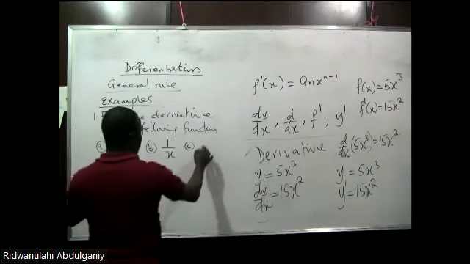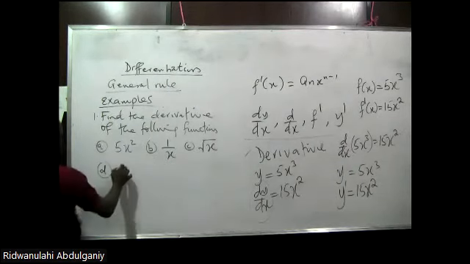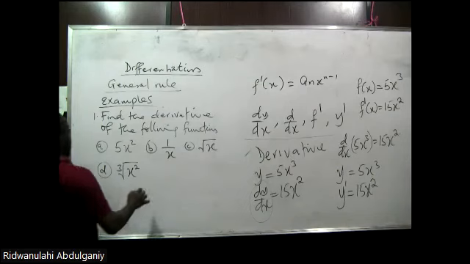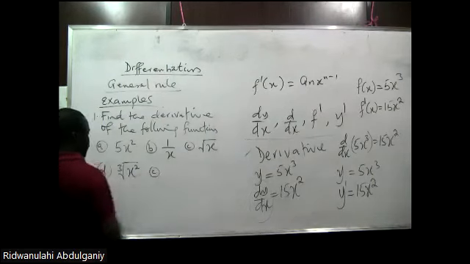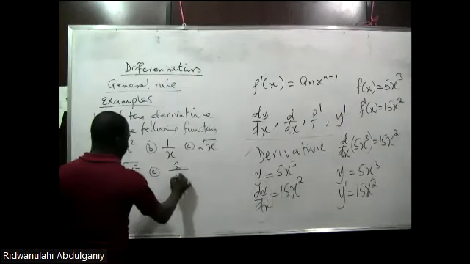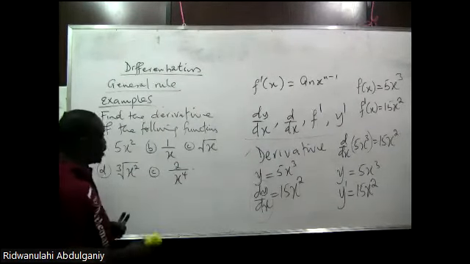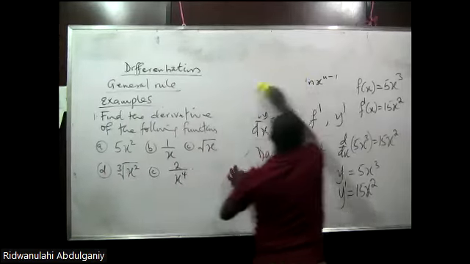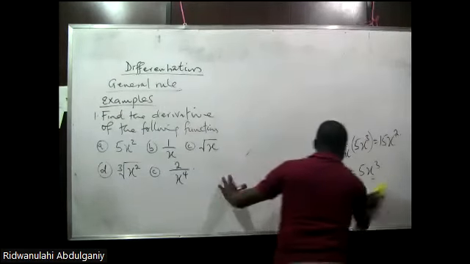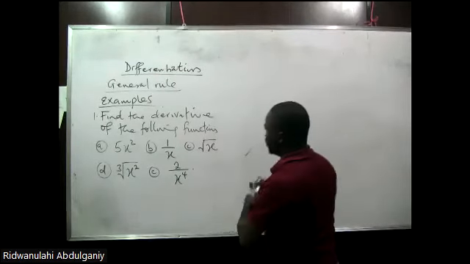C, square root of x. D, cube root of x squared. E, let me say I have 2 divided by x raised to power 4. Let us take this one after the other. I will be using different notations so that you will be familiar with all our notations. Solution.